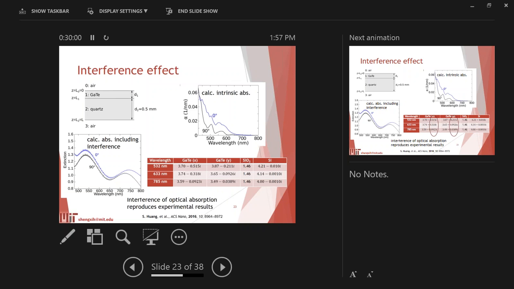But if we consider the interference effect, which is due to the permittivity difference for gallium telluride along the x-axis and y-axis, we can actually reproduce the experimental results pretty well, as you can see here. So this is the calculated absorption, including the interference. We can see this anisotropy is much reduced, but still we have a larger absorption for 0 degree than the 90-degree case.